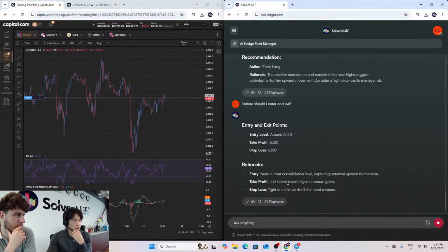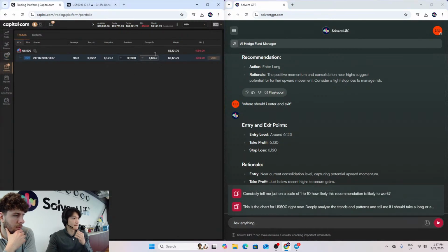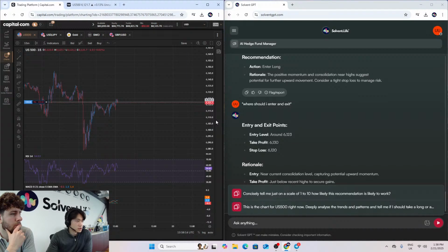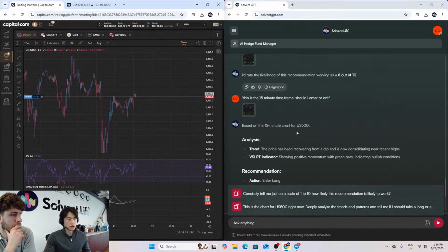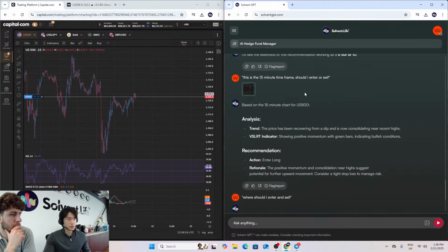I think we should set it a little bit lower, to be honest. $180. Yeah. Okay, there we go. So we're in for a buy in a 15-minute time frame, and just had to adjust the stop loss a little bit, but there we go.